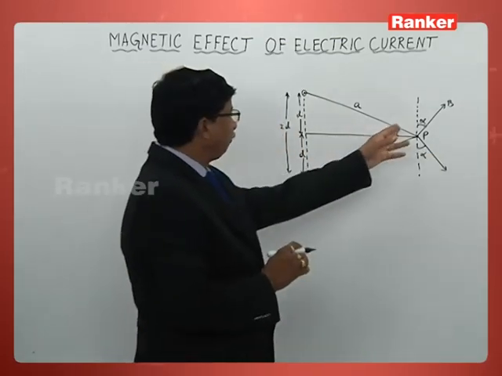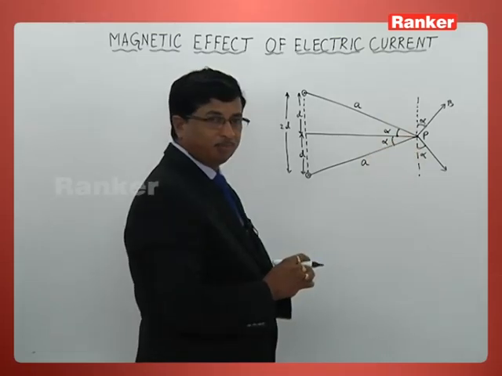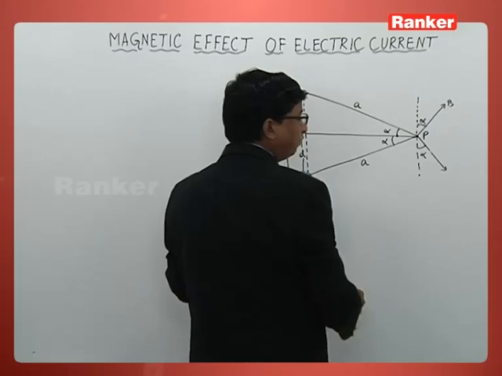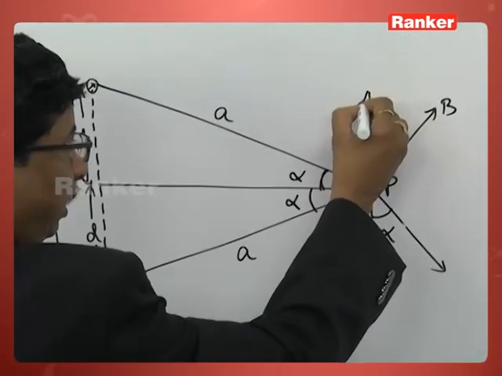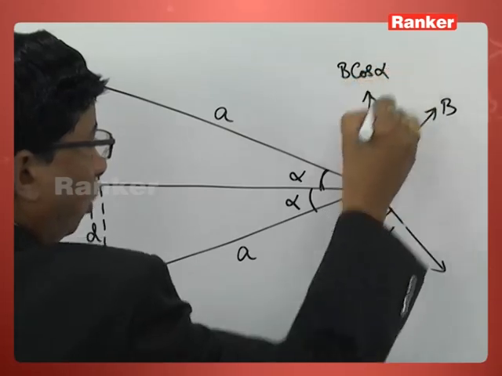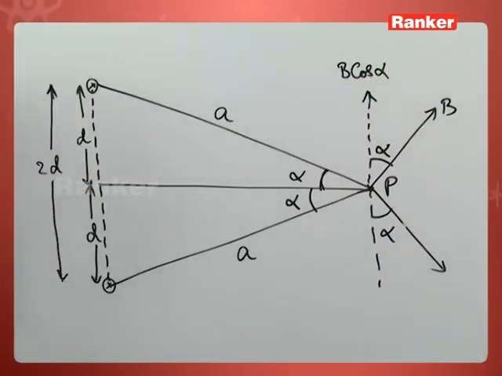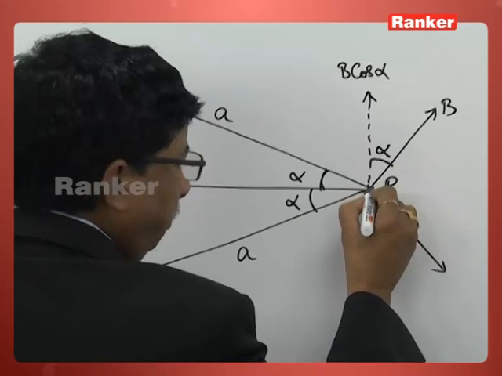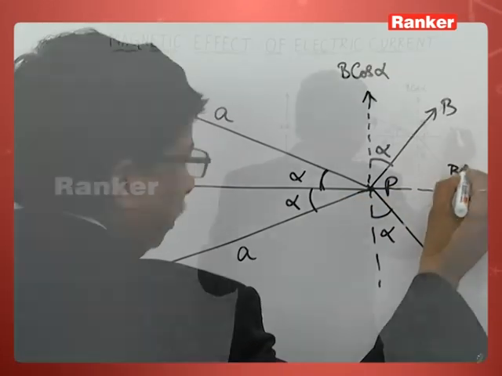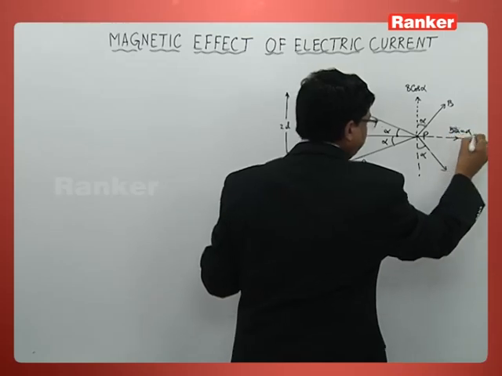So when you know these 2 angles are equal, when B is the magnetic induction due to one of the currents, what would be its horizontal component? B cos alpha. And in the same manner, its vertical component will be B sin alpha.